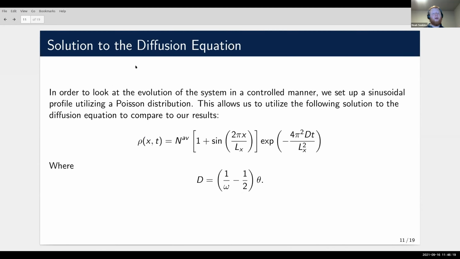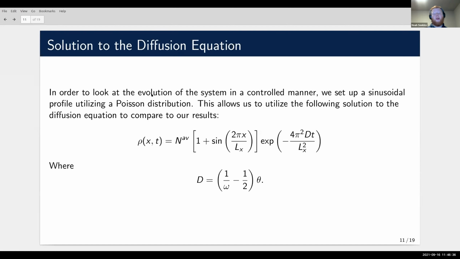Okay, so in order to look at the evolution of the system, which is our next testing step, we decided to set up a sinusoidal profile utilizing a Poisson distribution. This allows us to utilize the following solution to the diffusion equation to compare our results to our theory.